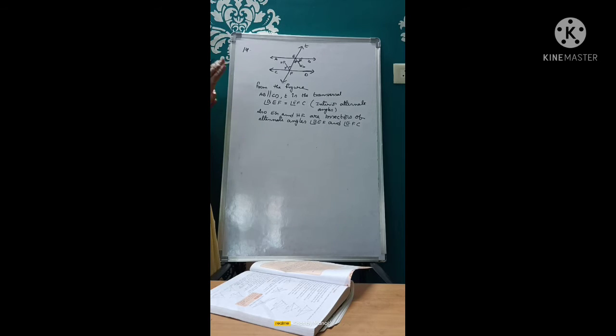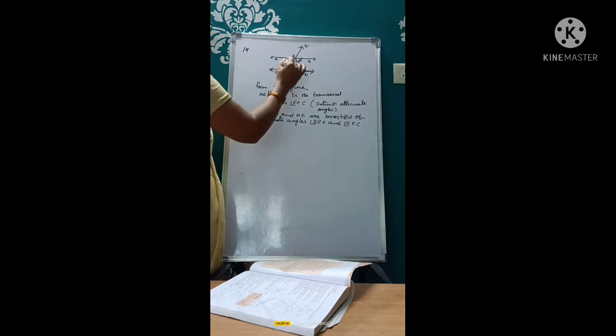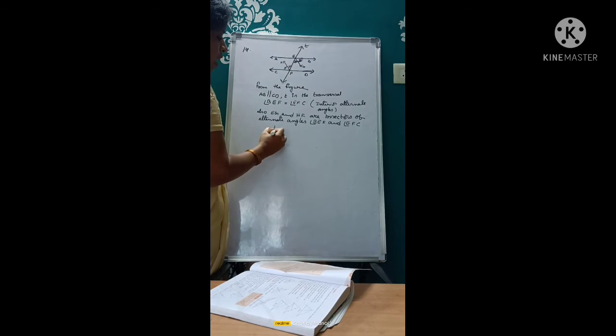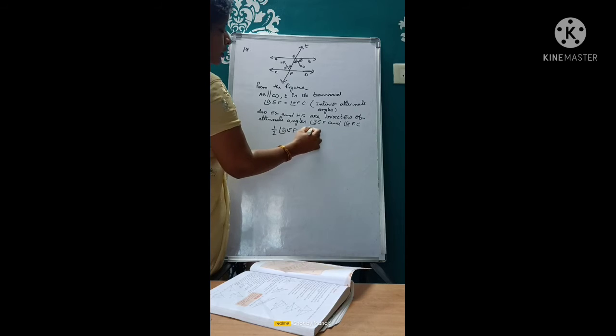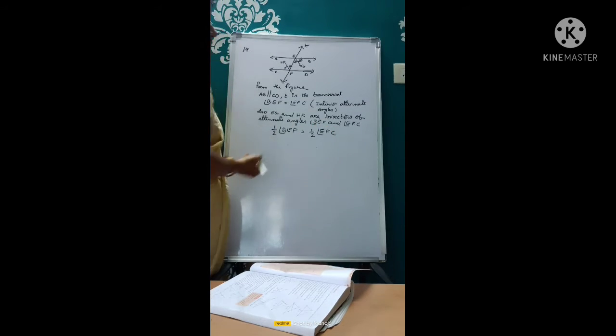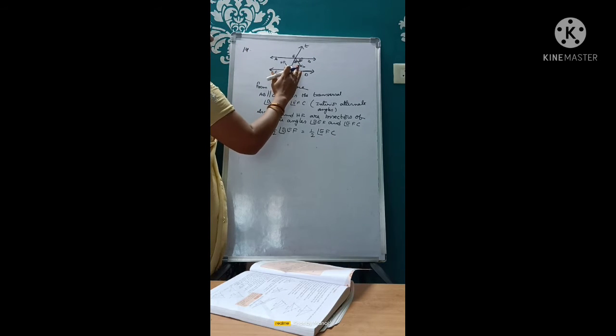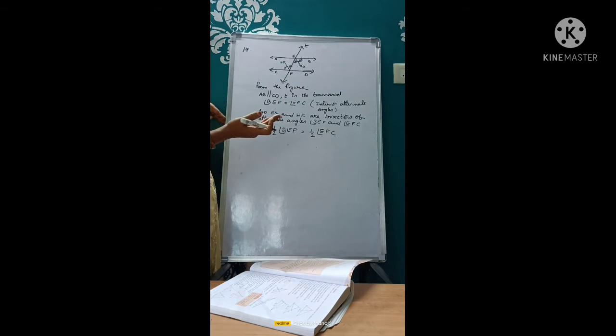Bisector means exactly half. So this angle and this angle are equal, and this angle and this angle are equal. So half of angle BEF equals half of angle EFC. Half of angle BEF we can write as GEF also.